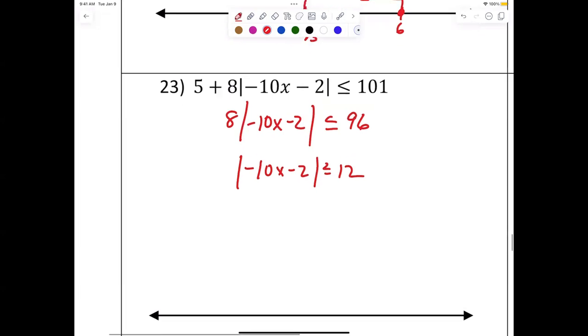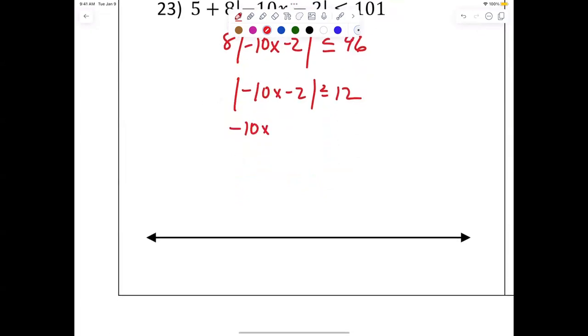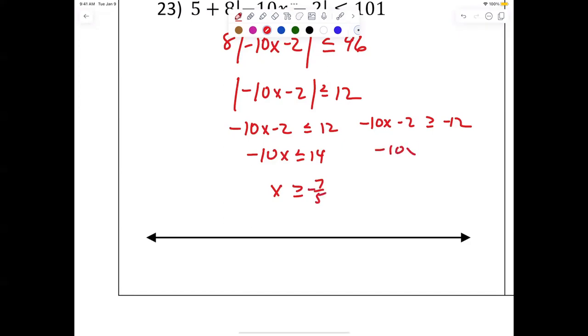Now let's rewrite it twice and solve that out. So -10x is less than or equal to 14. X is greater than or equal to -7/5. -10x is greater than or equal to -10. X is less than or equal to 1. Greater than -7/5. Here's 1. Everything in between.